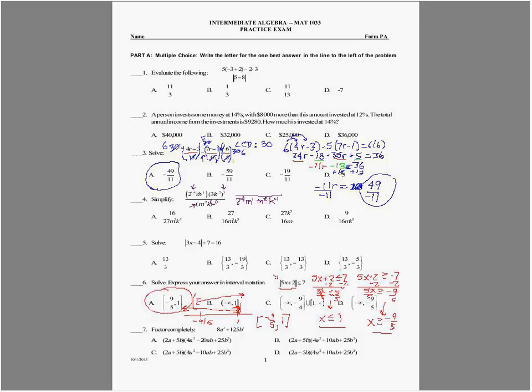I'm going to apply the exponent of 3 up top. So 3 raised to the 3rd power means 3 times 3 times 3, which is 27.